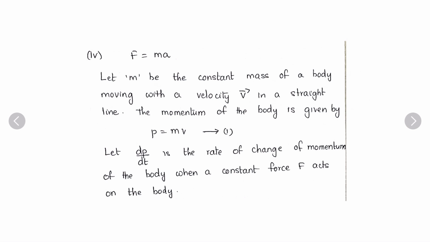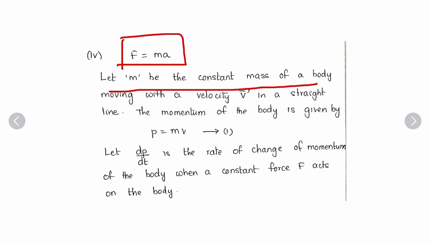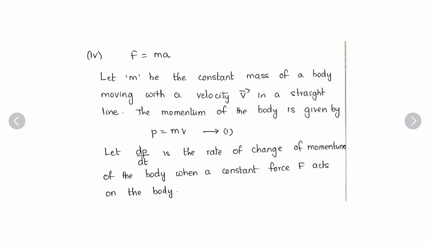Now let us prove F is equal to ma. Let m be a constant mass of the body. Why did we say constant mass? The mass of a body generally does not change with respect to time unless we are working to change the mass. And let it be moving with a velocity v in a straight line.